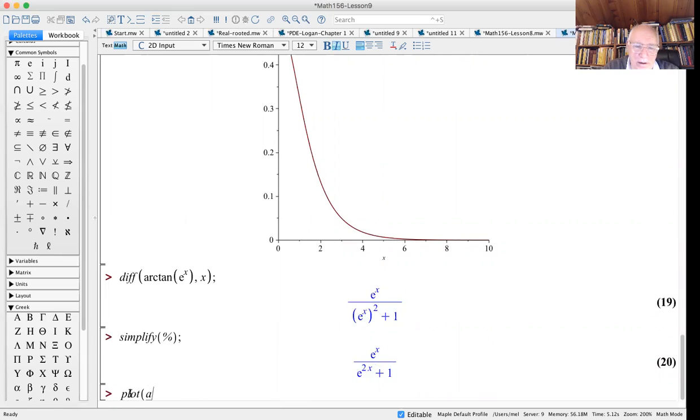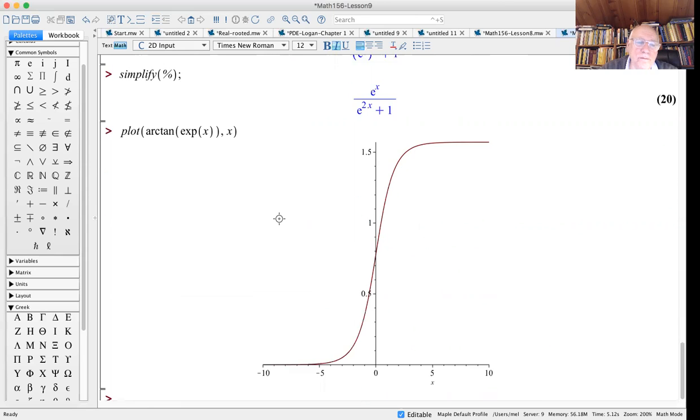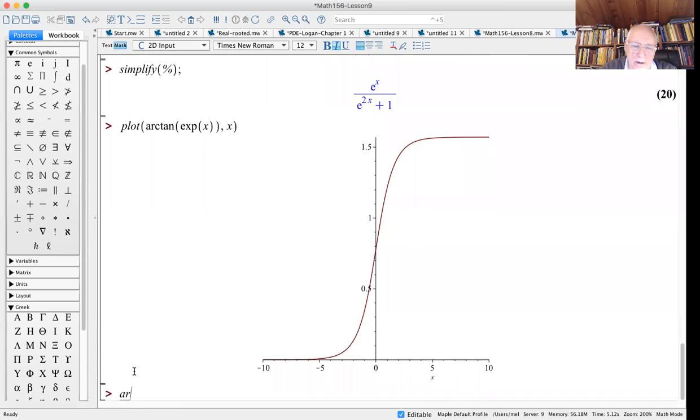If you plot arctangent of e to the x, it looks like that. This is approaching pi over 2. So can Maple calculate arctangent of infinity?